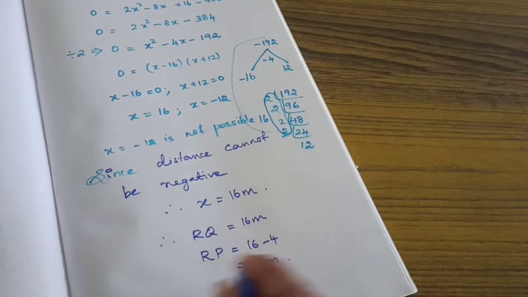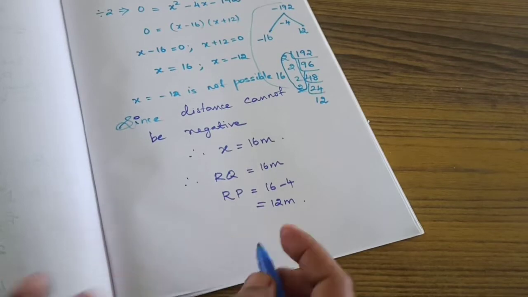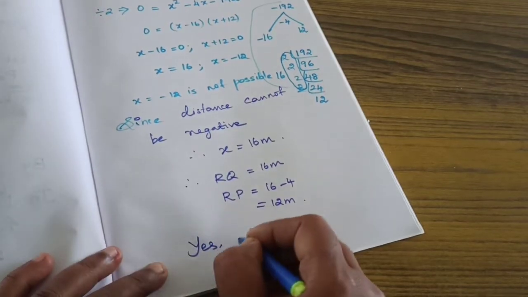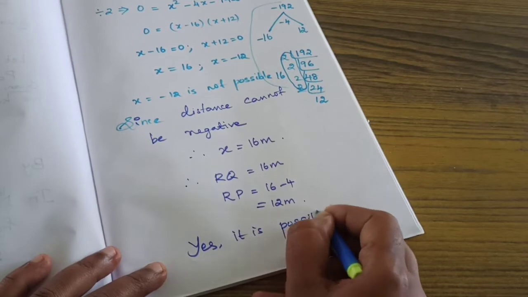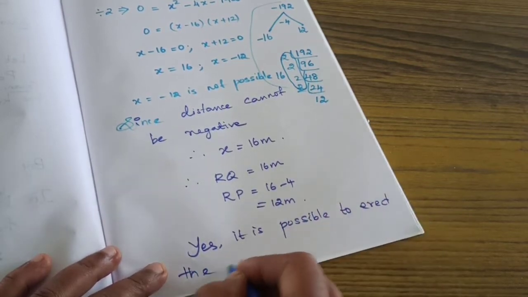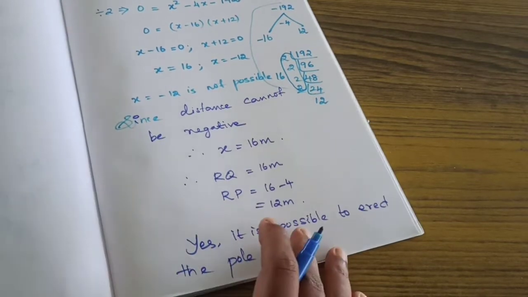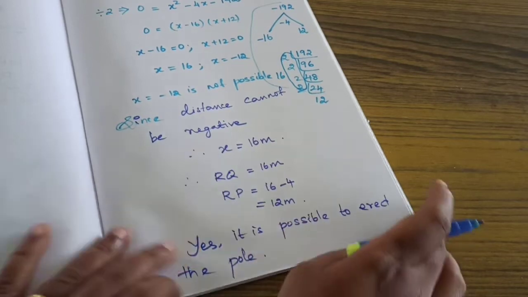So we need to conclude this question by writing: is it possible to do so? Yes, it is possible to erect the pole. Then, if the answer is yes, at what distance from the two gates should the pole be erected?